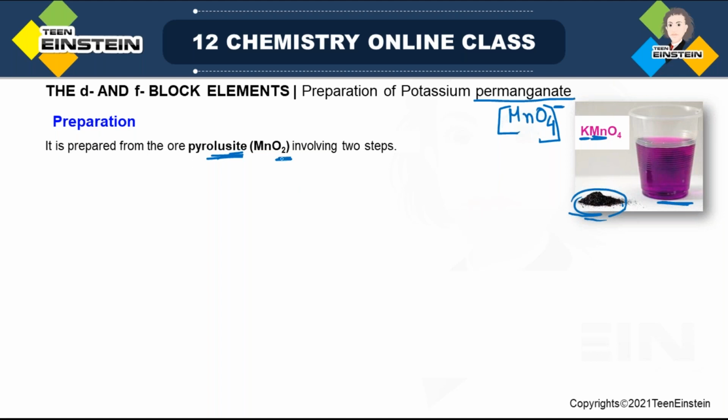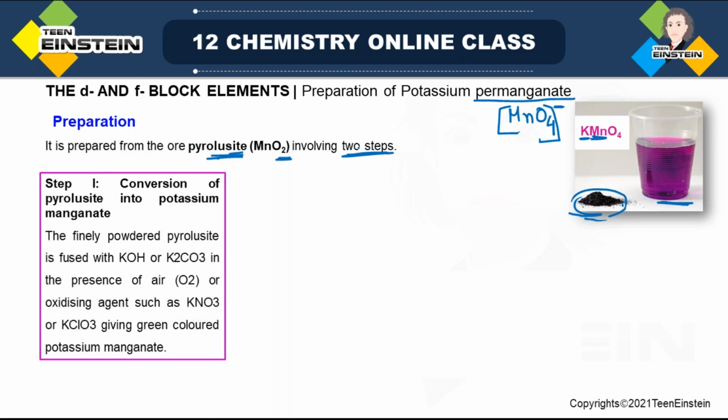Pyrolusite is nothing but MnO2. So here we will use MnO2 as the source of manganese. There are two steps. First we will see the first step, then the second step.